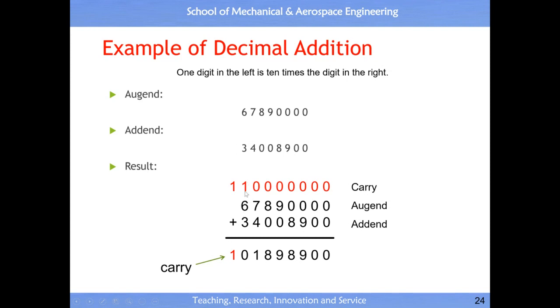Now here 1 plus 6 equals 7. 7 plus 3 equals 10, which exceeds 9, so we do 10 minus 10 equals 0 with a carry of 1. Then this carry of 1 plus empty equals 1. This digit comes from the carry. So this is the final result.